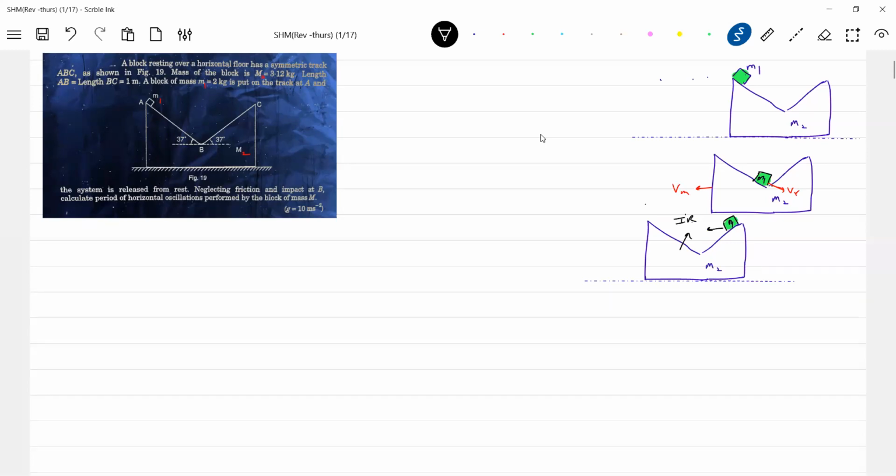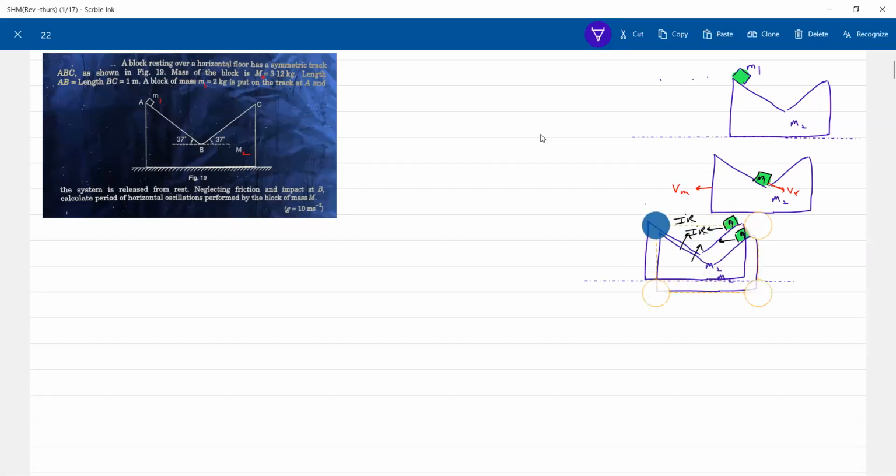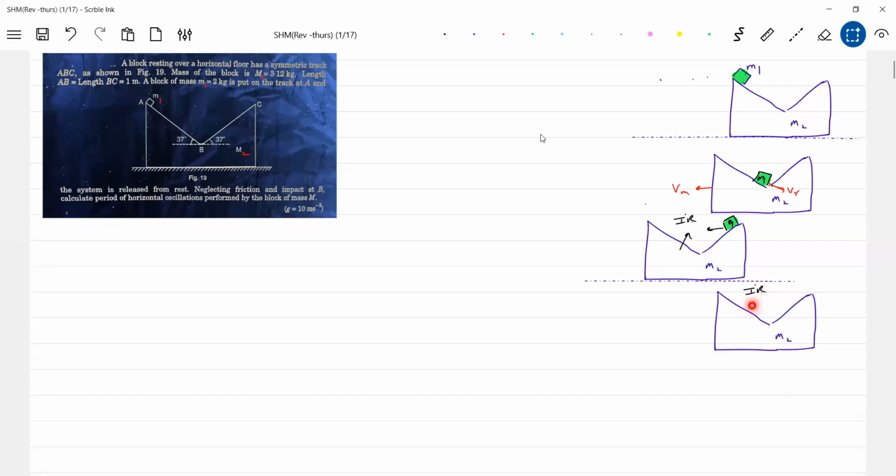Now again, the block M1 will slide. Again, what is the thing? This will have maximum velocity. This will be VR.